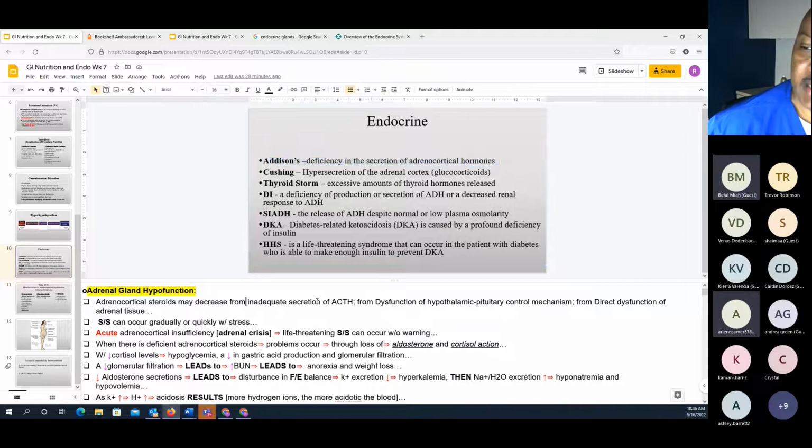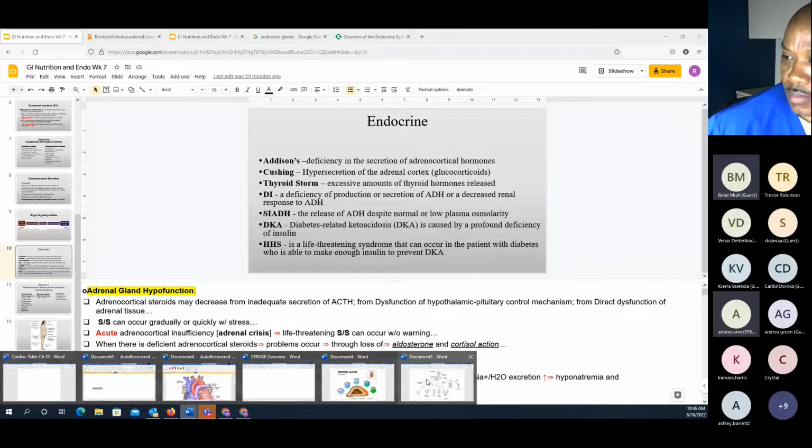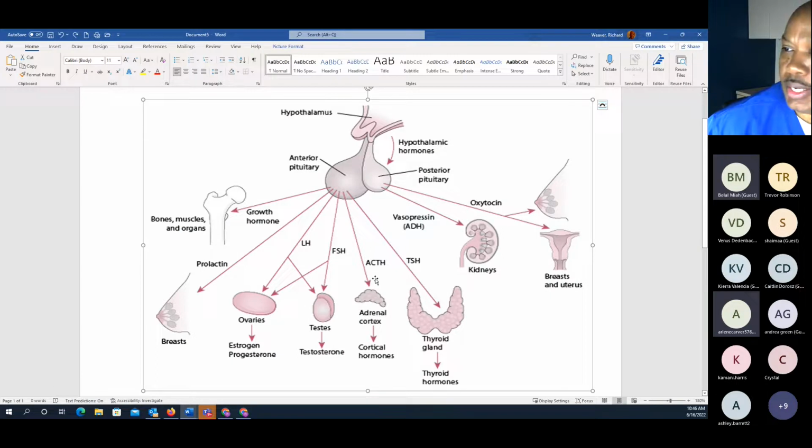So that ACTH, I showed you that here. So if we have hypofunction, it means that the anterior portion of the pituitary gland is probably not producing enough ACTH to stimulate the adrenal cortex to produce the necessary hormones.